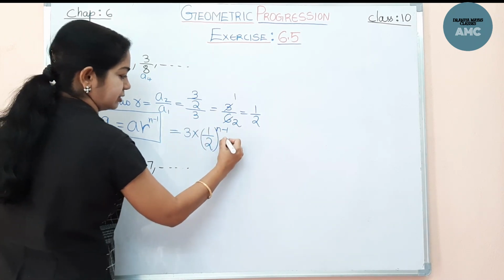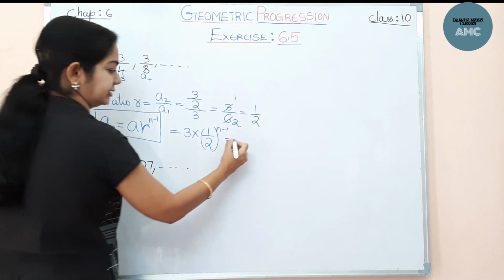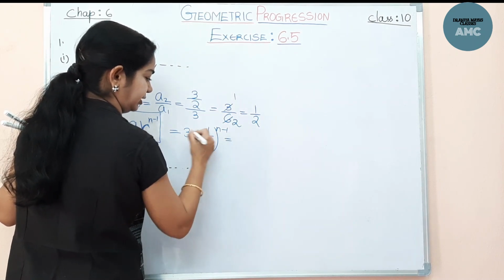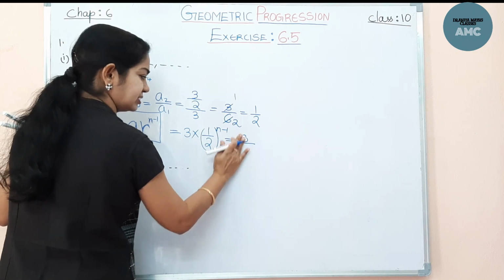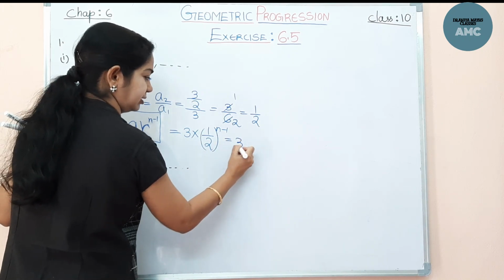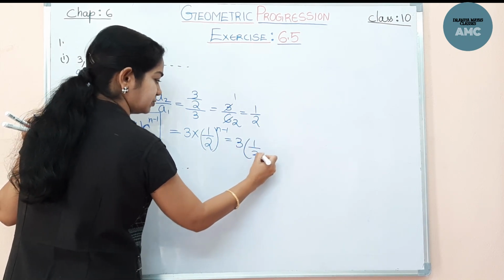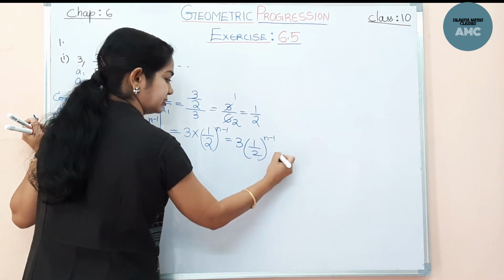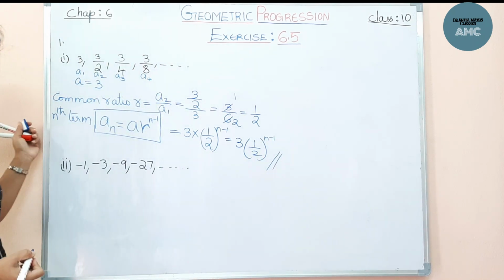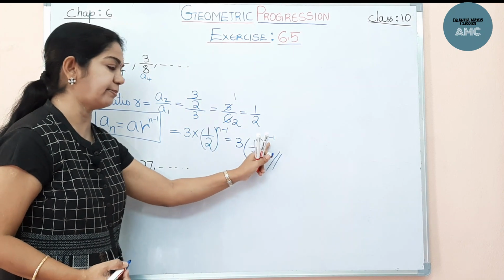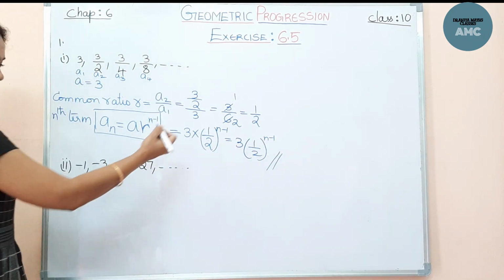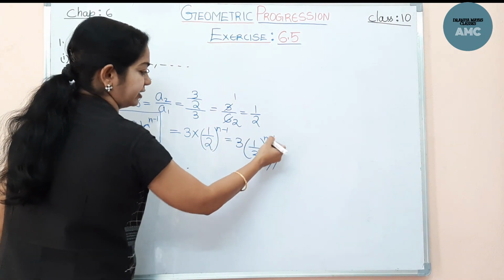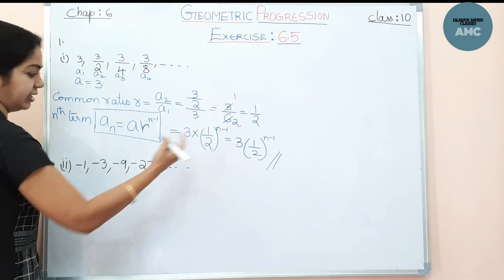Okay, so we can write it like this: 3 into 1 by 2 to the power of n minus 1, or else just keep it as it is. This is the nth term. If the number of terms is given, like 6 or 5, then we can substitute and find the nth term.